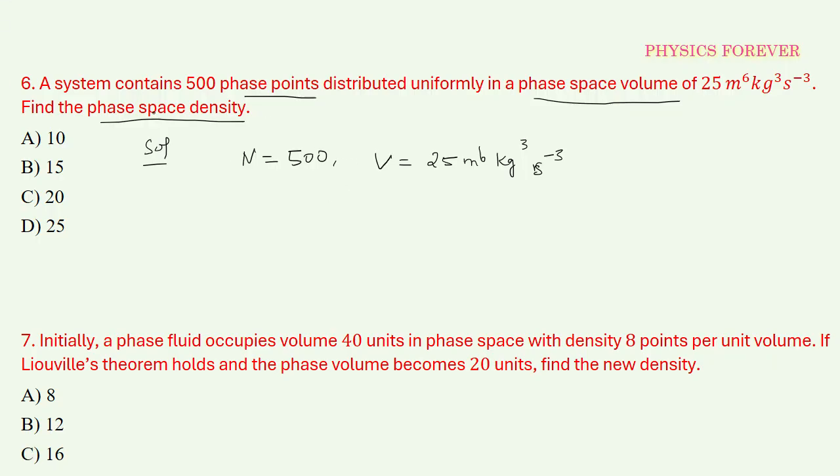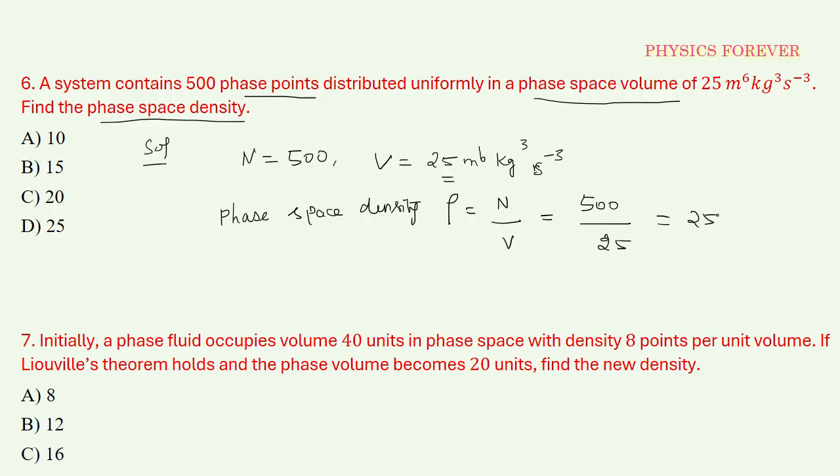The phase space density rho is equal to N by V, where N represents the number of phase points and V is the volume. N is 500, and the volume is 25. We just have to cancel out.